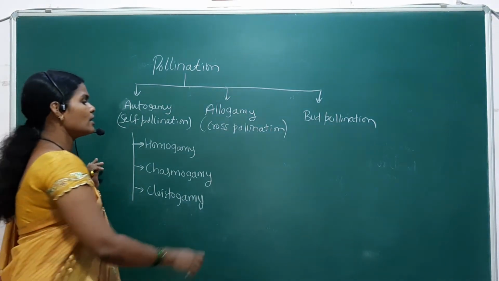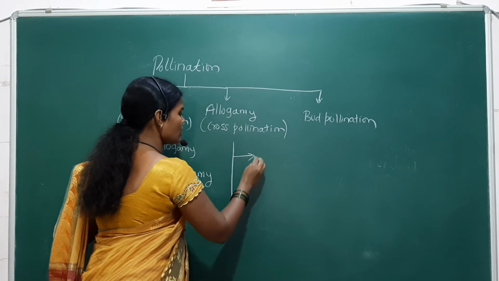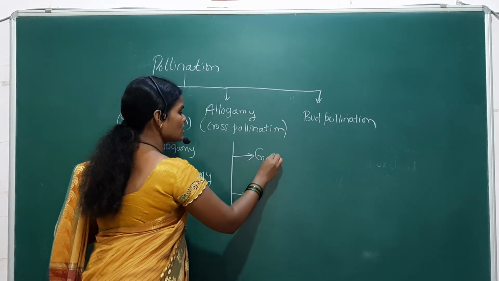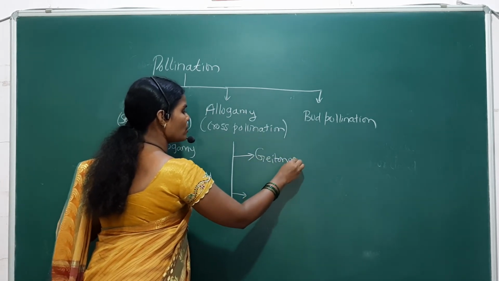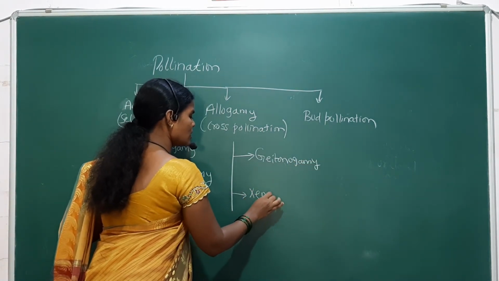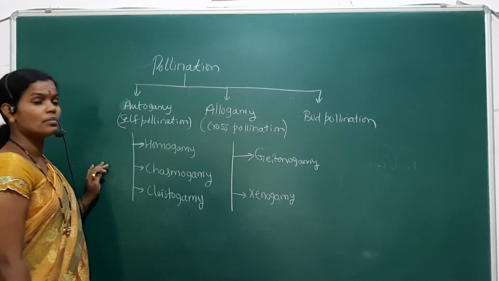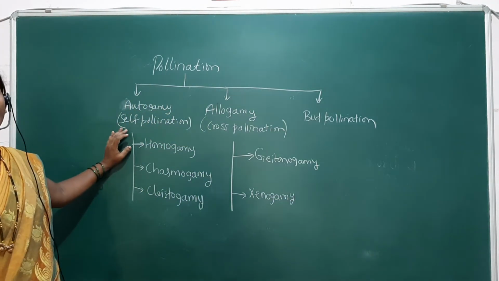Then in cross pollination, two conditions we are going to see. One is called geitonogamy and the other is called xenogamy. So this is the overall picture of pollination.